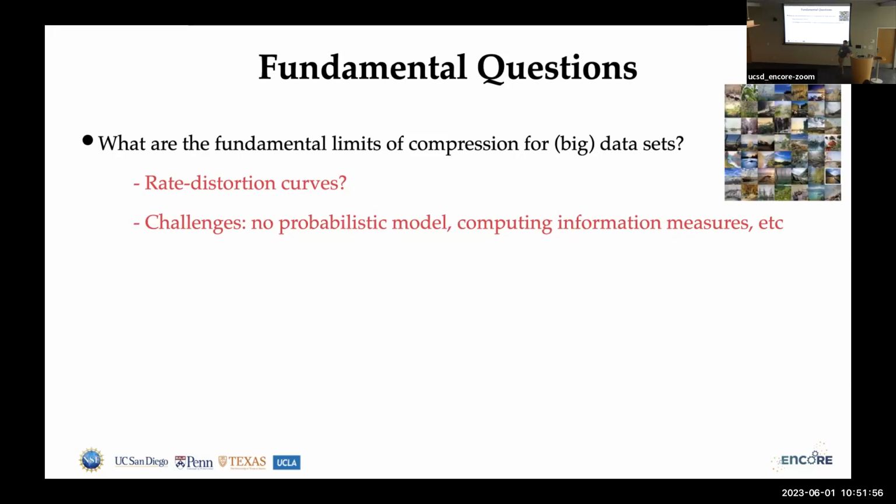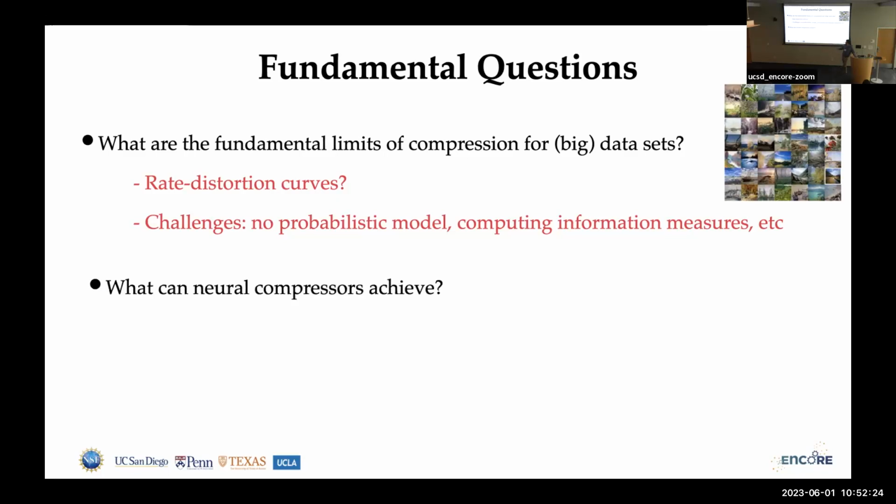The problem here is that in these large data sets, the only thing that you have access to is just data, a bunch of high dimensional vectors. You don't have any probability distribution to work with. You definitely cannot compute any mutual information because things are very high dimensional, so probabilities are very complex and so on. So these are the challenges. Computing even the rate distortion functions for these real world data sets is itself a very, very complex and important challenge. So that's question number one, fundamental limits.